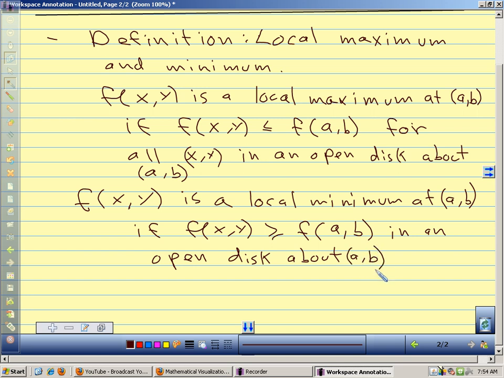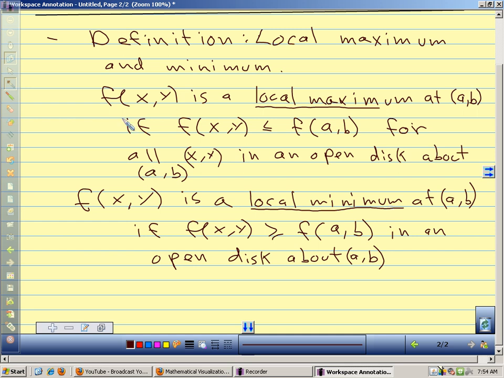So that's all we're talking about, just our intuitive idea of a local maximum or a local minimum. And this tells us how the value of the function compares to nearby points. We're not talking about over a large region. We're talking about nearby.